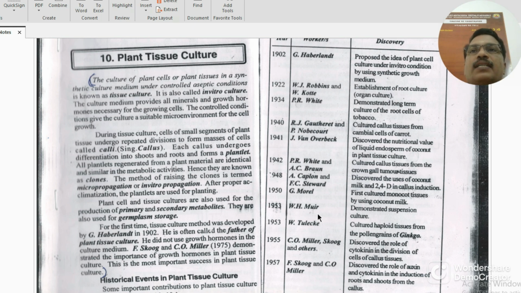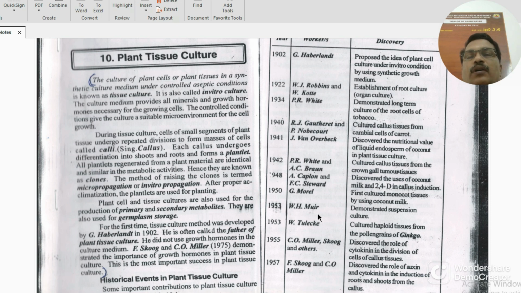So all plantlets regenerated from plant material are identical and similar in metabolic activities. This is the most important factor as far as plants are concerned. When you take the plant tissue, the tissue or cell, each cell has a totipotency nature. That means any cell can grow as a mother plant.